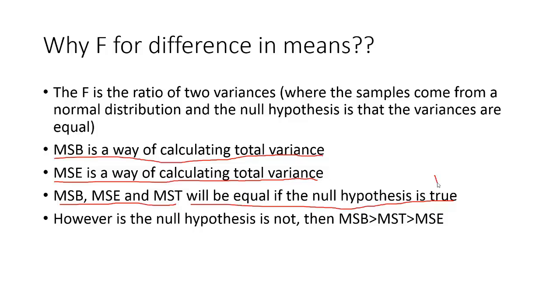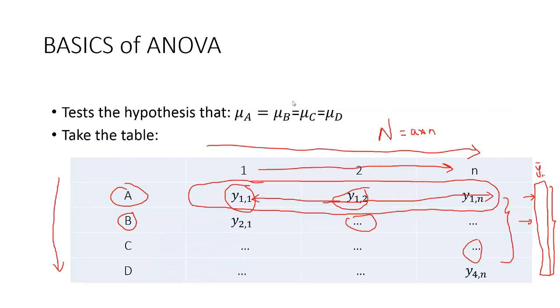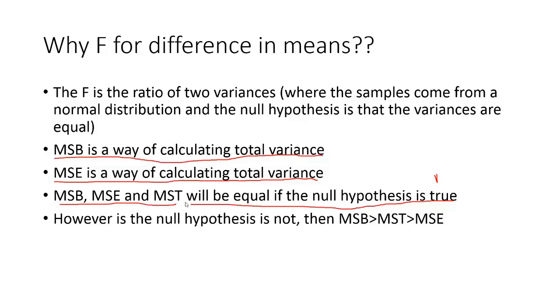So if we go back to the null hypothesis, which is that mu A equals mu B equals mu C equals mu D, then MSB, MSE, and MST will be statistically equivalent. However, if it's not true, then you will find that MSB will be greater than MST, which will be greater than MSE.